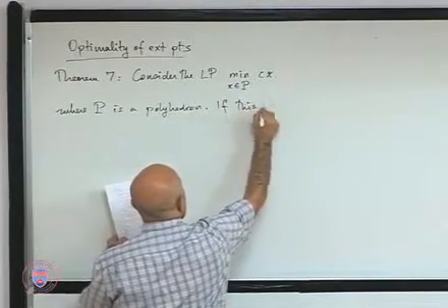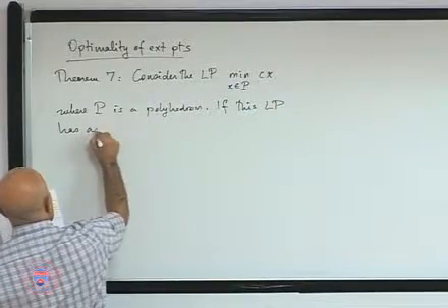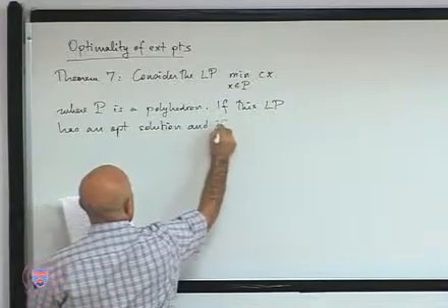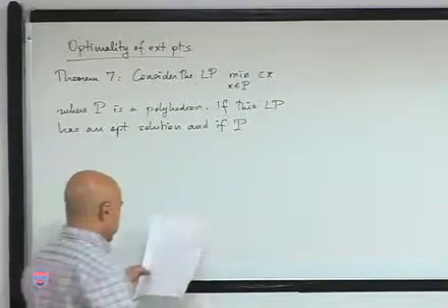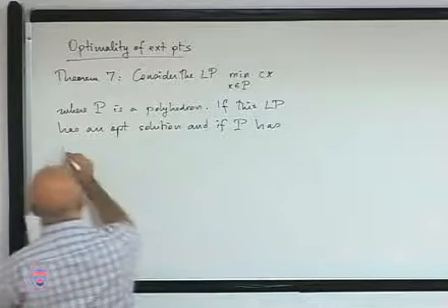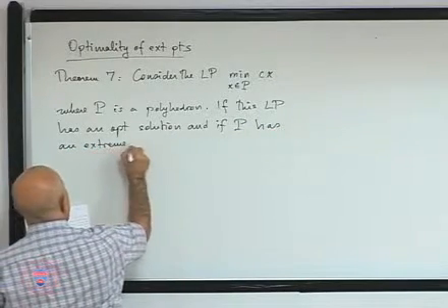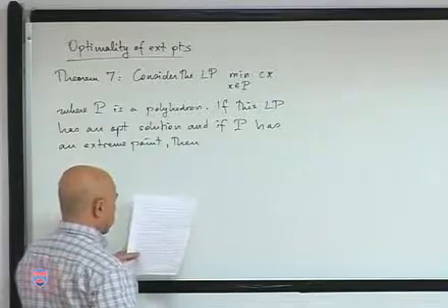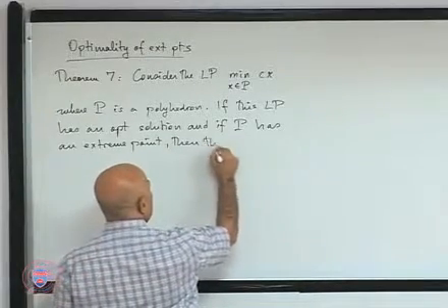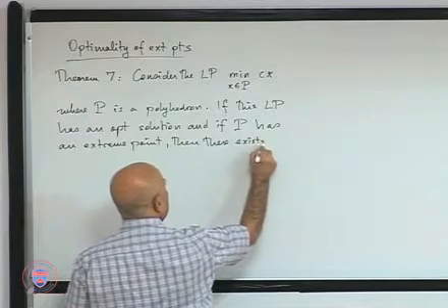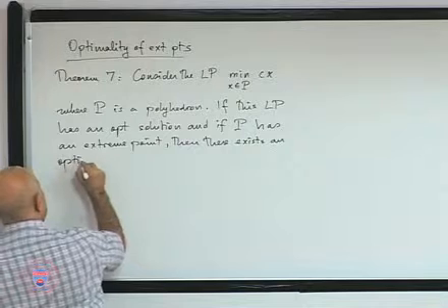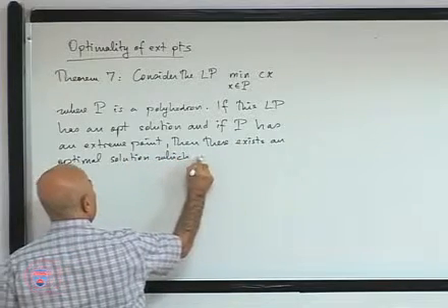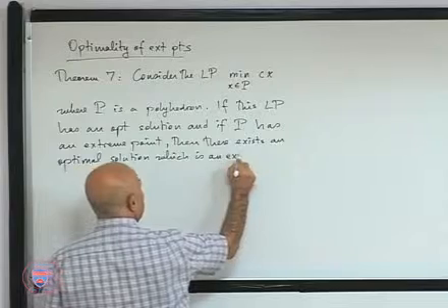If this linear program has an optimal solution and if P has an extreme point, then there exists an optimal solution which is also an extreme point.